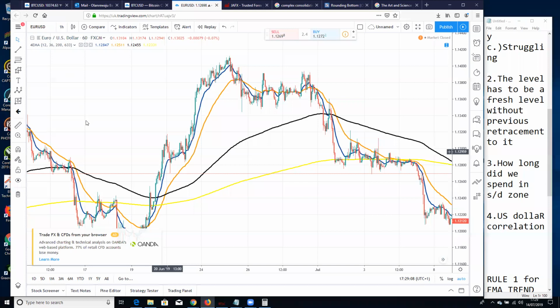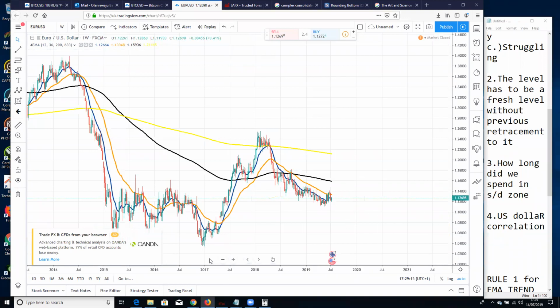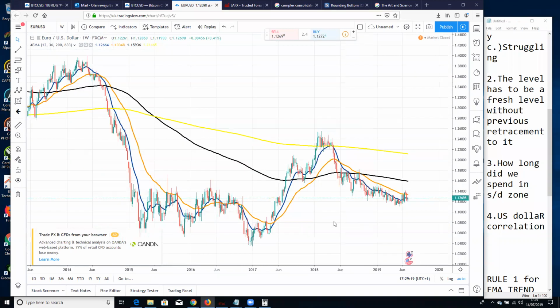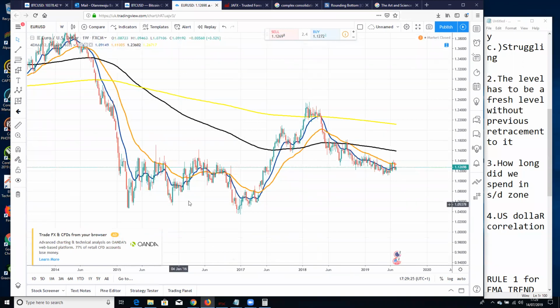I'm going to go to the weekly again quickly, so that we have an overview of what price is doing on the weekly. You can see very clearly, if I ask you what is the trend on this particular pair on this weekly chart, what is the trend? Does anybody know?